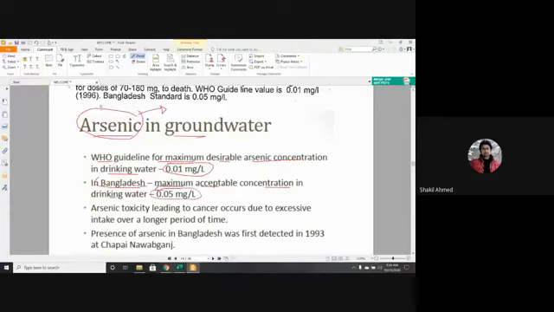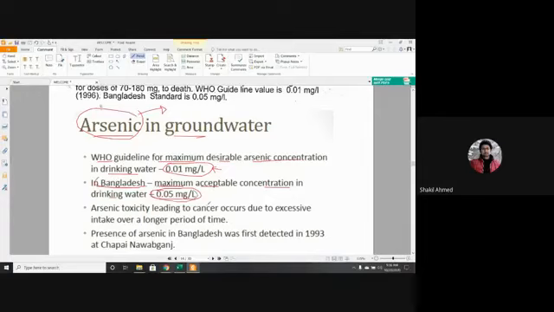Since we already have severe pollution prevalent in our country, if we are so strict with this value, then there will be a lot of locations that will not get pure drinking water. So for Bangladesh, this is 0.05 milligram per liter.